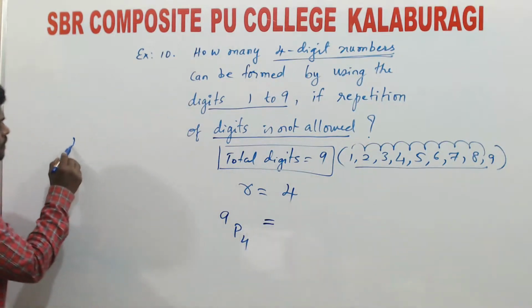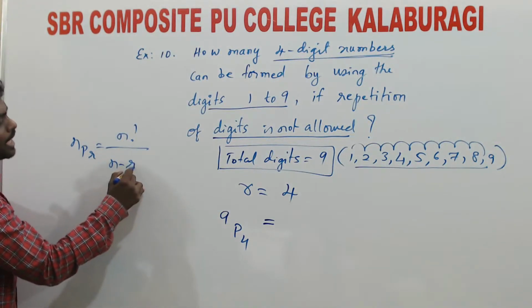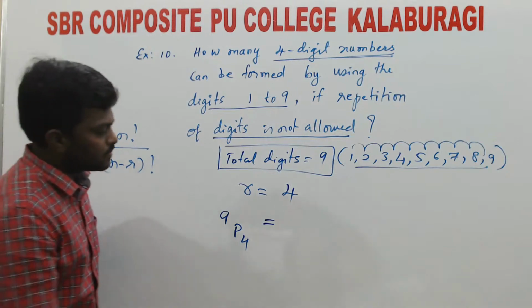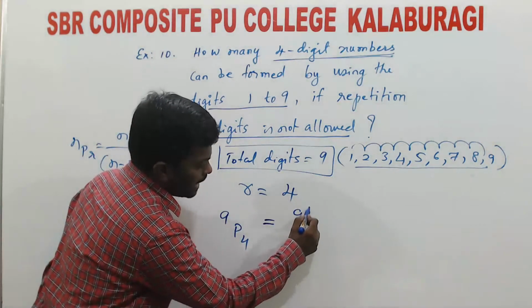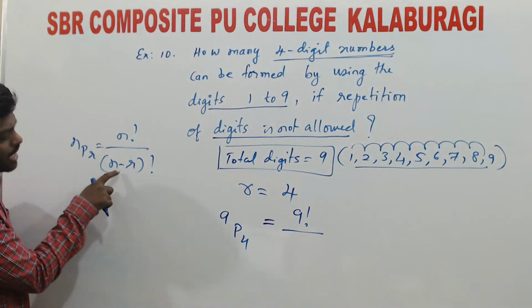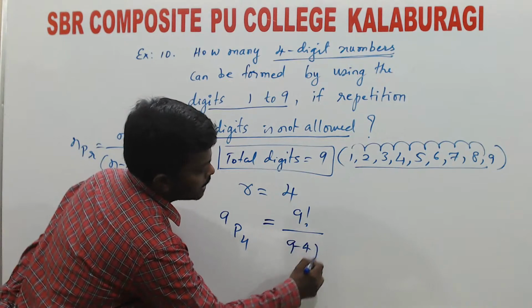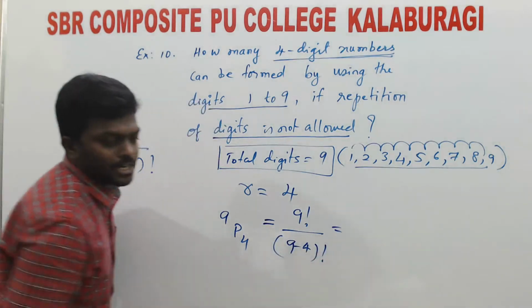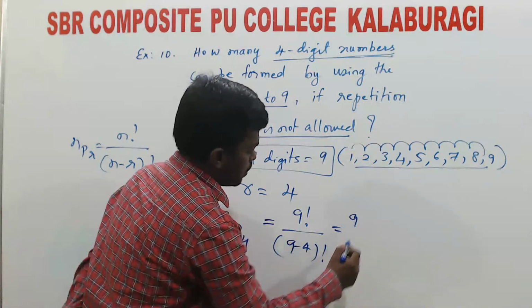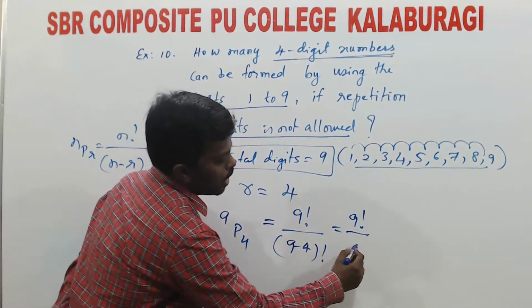What is the formula? nPr is equal to n factorial by (n minus r) factorial, students. So n minus r is 9 minus 4, which is equal to 9 factorial by (9 minus 4) factorial.